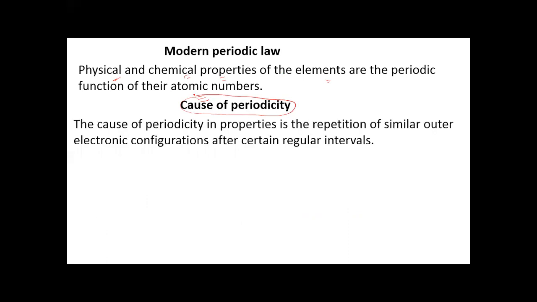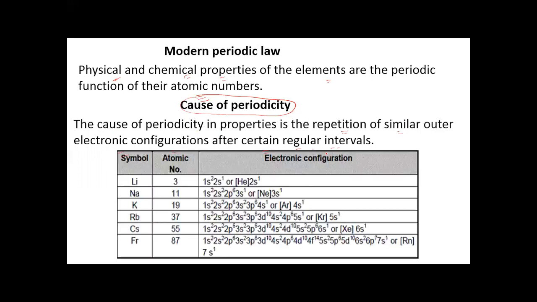The cause of periodicity in properties is the repetition of similar outer electronic configuration after certain regular intervals. Here we take an example of lithium, sodium, potassium, rubidium, cesium, and francium. They all belong to the same group.